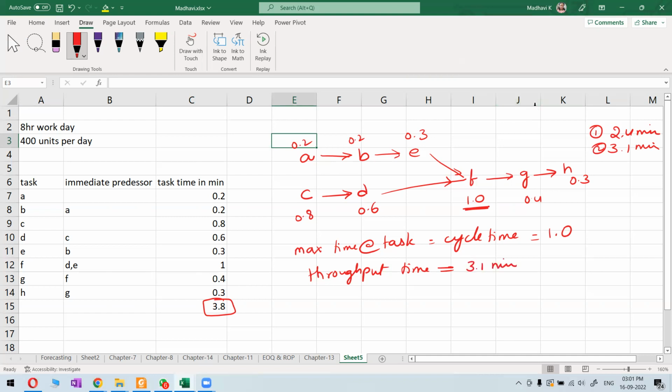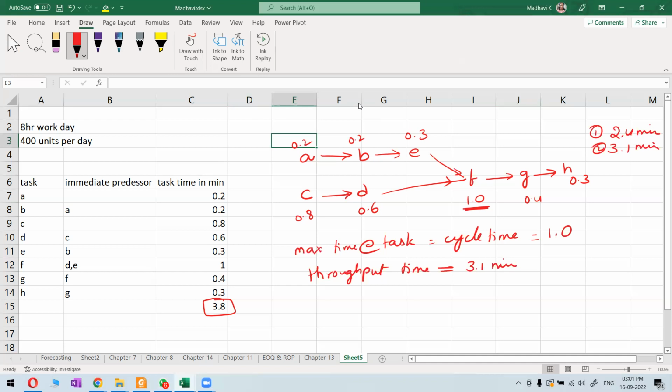What does it indicate? For the very first product to come out of that assembly or manufacturing line, it takes a minimum of 3.1 minutes after completing this entire thing. We are assuming these are two parallel lines, so we consider the maximum time taken out of this line and out of this line, and that becomes our throughput time.